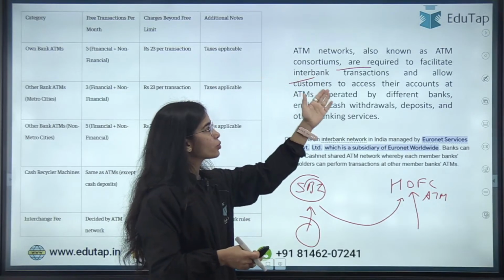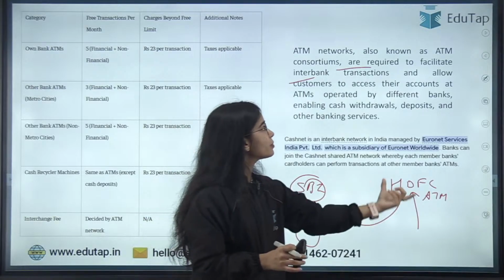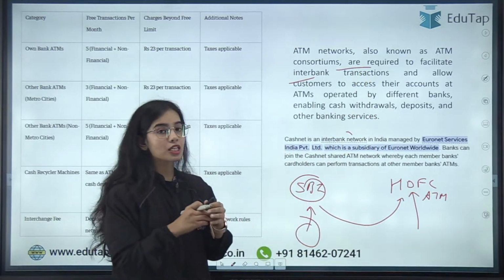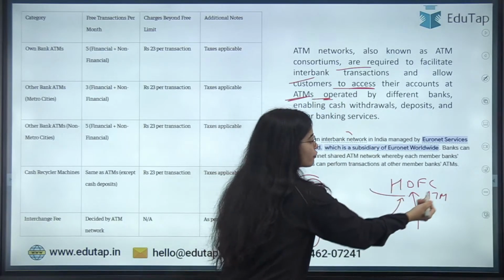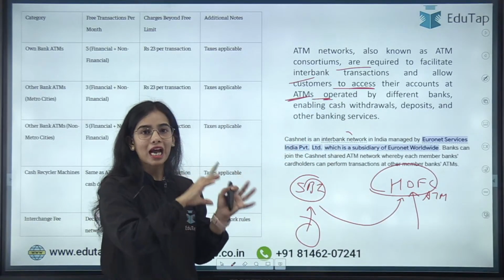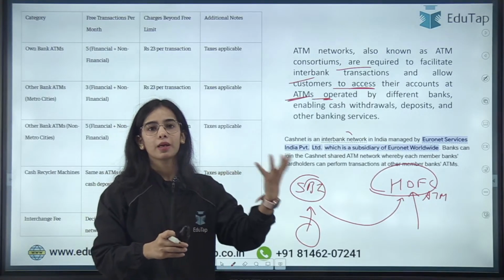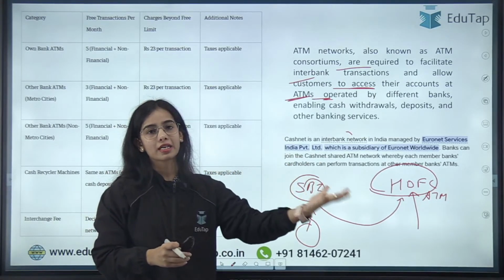So ATM networks are required to facilitate the interbank transactions, and they allow customers to access their accounts at ATMs operated by different banks, enabling cash withdrawal from a different bank's ATM.